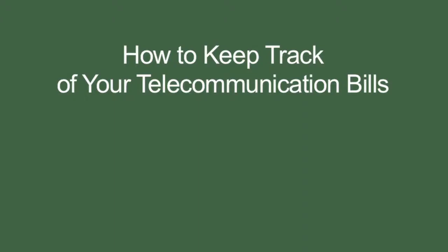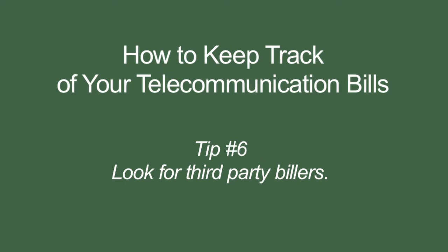Look for third-party billers. This happens on local bills quite often. We see, for instance, if you have an AT&T bill for local lines, on the front page there may be a one-line row that says services billed on behalf of ESB Corporation, as though they're not AT&T charges. They're coming from a third-party vendor on your AT&T bill.